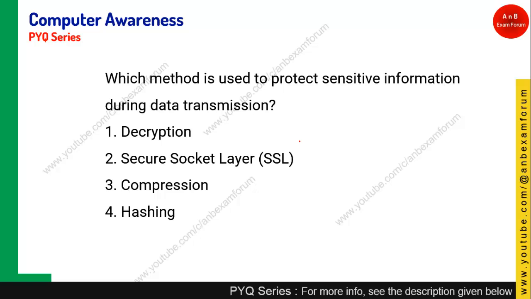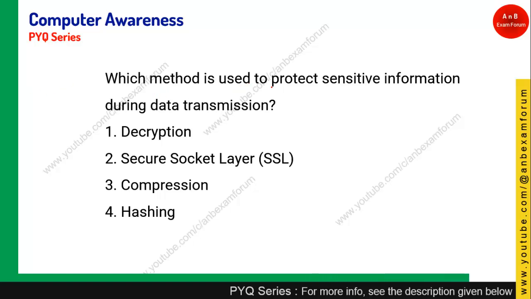Coming to the next question, it is from networking. Which method is used to protect sensitive information during data transmission? Suppose you are transferring some sensitive information over an unsecure network. There are certain techniques, so let me tell you.